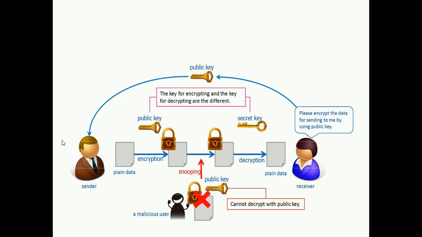If we see this picture, this sender has already stored its public key in the key distribution center. Likewise, this receiver also saves her public key in the center. Now what next?